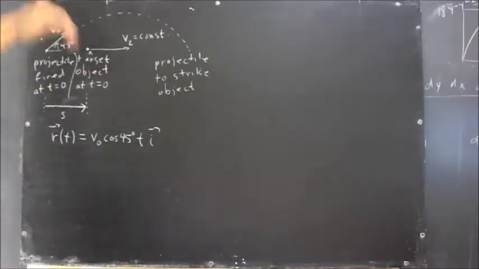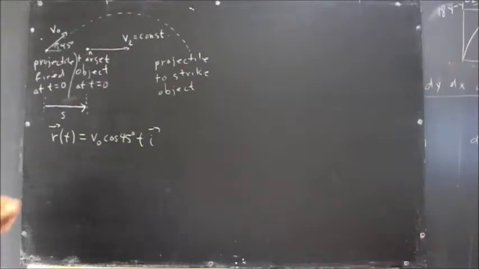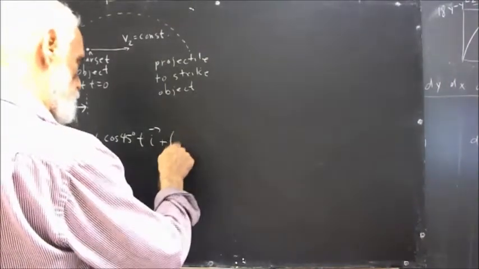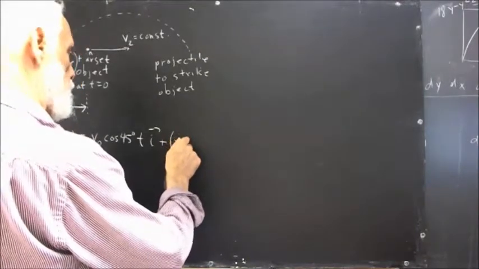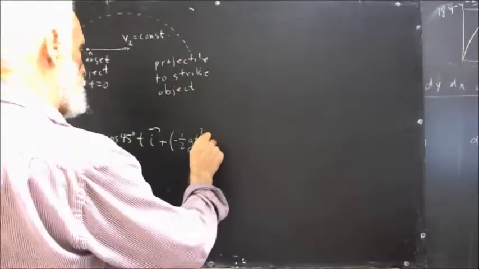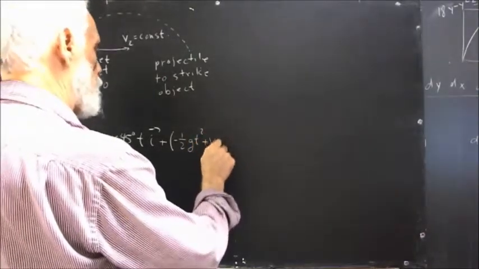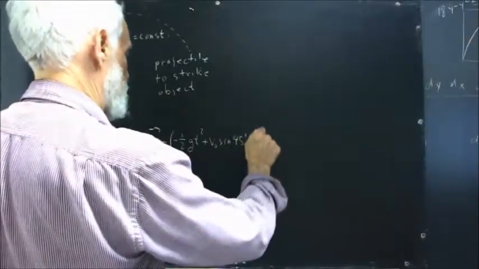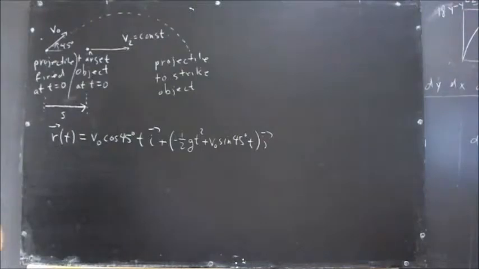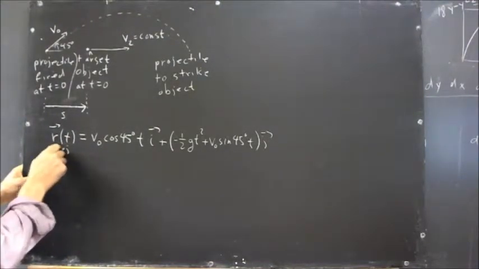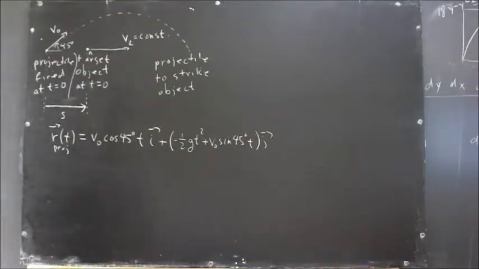And the j component is going to be negative 1/2 g t squared plus v naught sine 45 degrees times t. Okay, so that's the projectile. We could put a little subscript, PROJ, on that to indicate that that's the projectile.